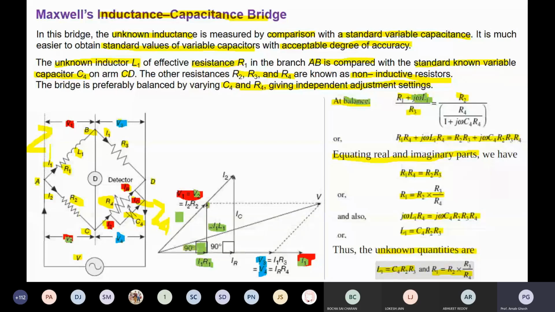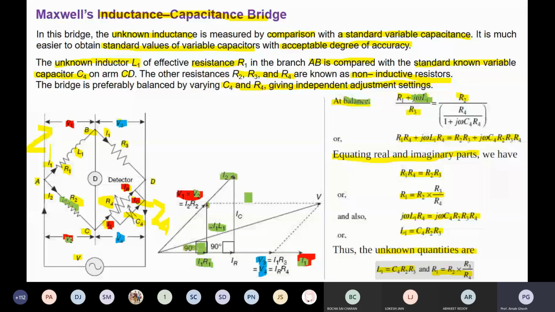So V1 and I2 R2 should be in phase, and you know that I2 R2 is the potential drop across the resistive path R2. So I2 and I2 R2 should be in phase. What will be the direction of I2? It is the extension of your V1 V2 line. So your direction of I1 is here and your direction of I2 is here. In both cases you can understand the direction of I2.